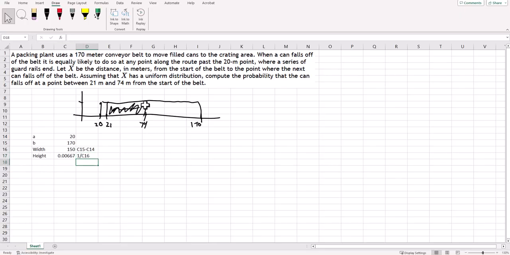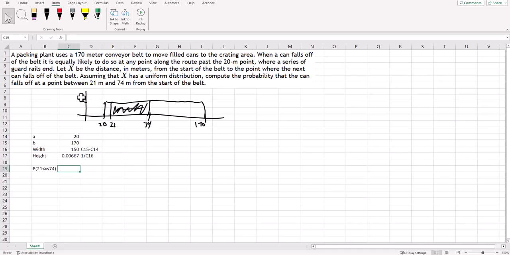Anyway, so now we need to find the width of this here. This is the width of our whole conveyor belt, but the probability that a can falls off somewhere between 21 and 74, my bad, here. That's what we're looking for.